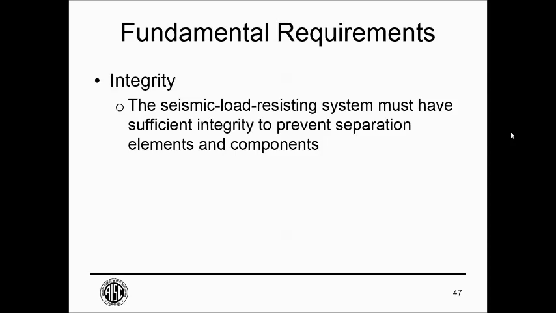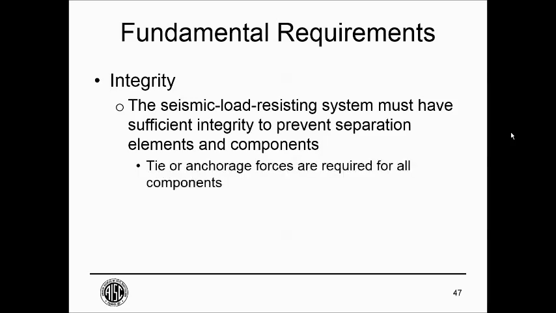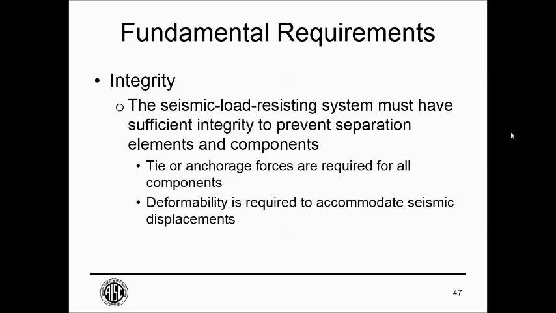There are integrity requirements. Everything with mass has a force requirement associated with it. And everything has to be able to deform in order to achieve the seismic drift. So we don't want the seismic drift to result in, say, a loss of gravity support.